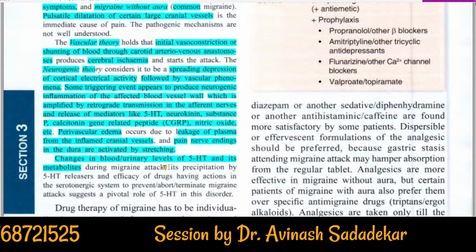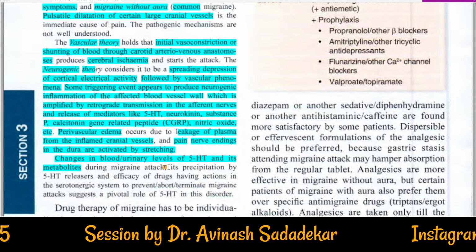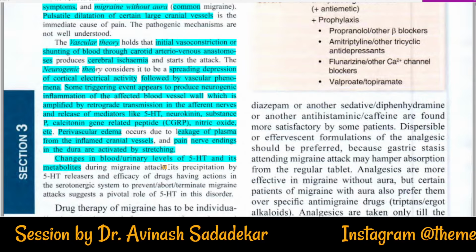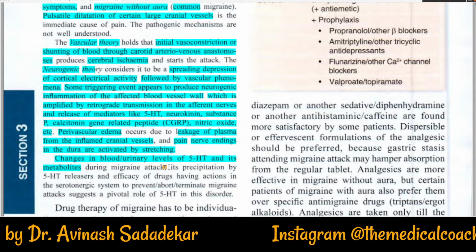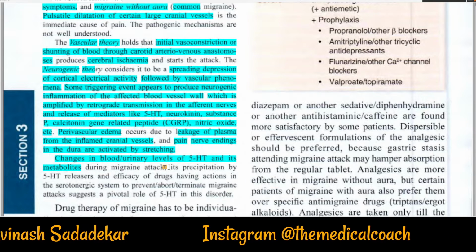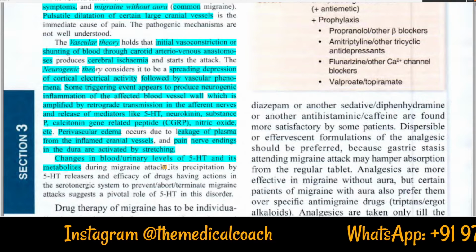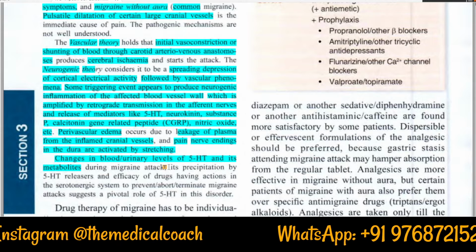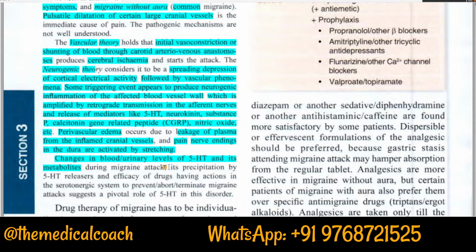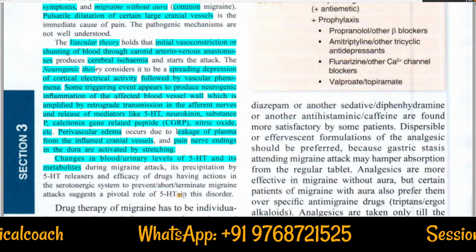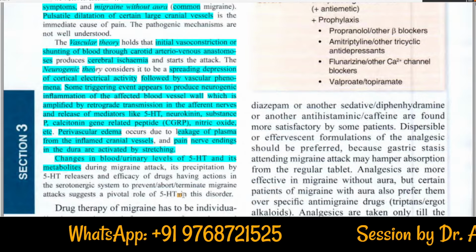So what scientists did was they gave certain medications that release serotonin, and patients got migraine. See, it's confirmatory now. I give a medicine that releases serotonin, migraine happens, which means serotonin does play a role in pathogenesis of migraine. We also did another experiment.